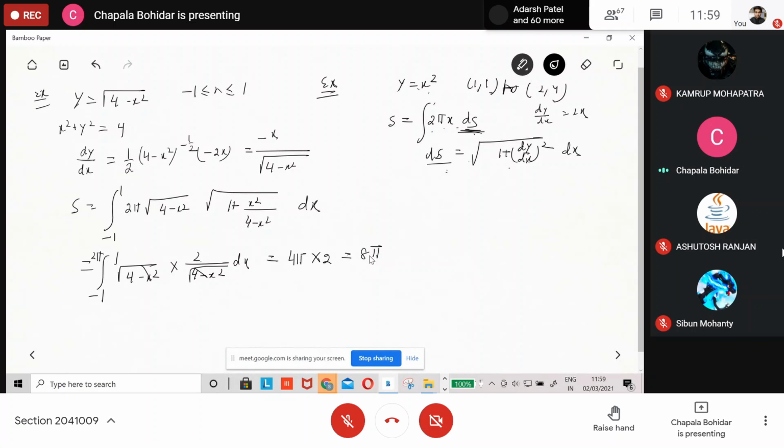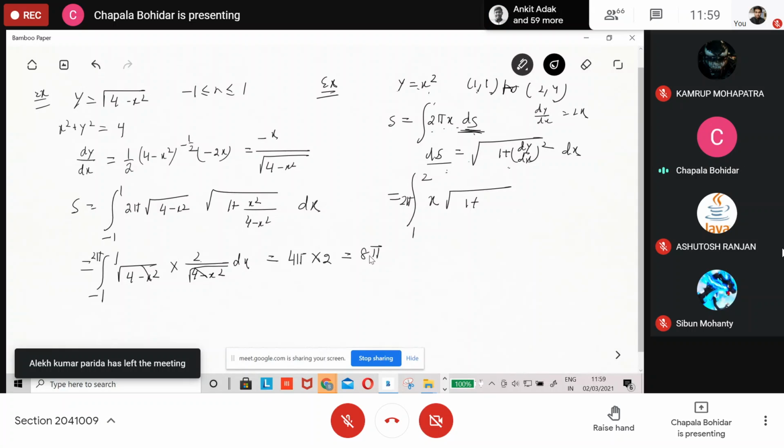Then it is equal to, I can write here, x as it is. Then put the limiting value according to dx, that is 1 to 2. Then it is 2 pi. Though I am solving with respect to x, it is not necessary to find the value of x here. So keep it as it is: x root over of 1 plus 4x square dx.